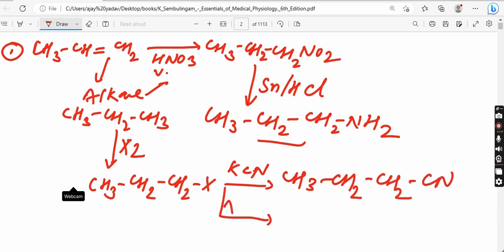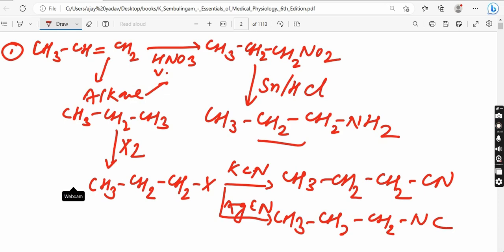We can react this with alcoholic AgCN to produce CH3 CH2 CH2 and this is your isocyanide. This is how we prepare the nitro compounds from the alkene.